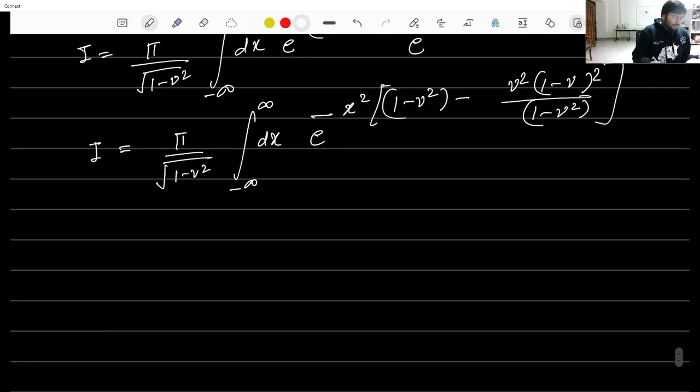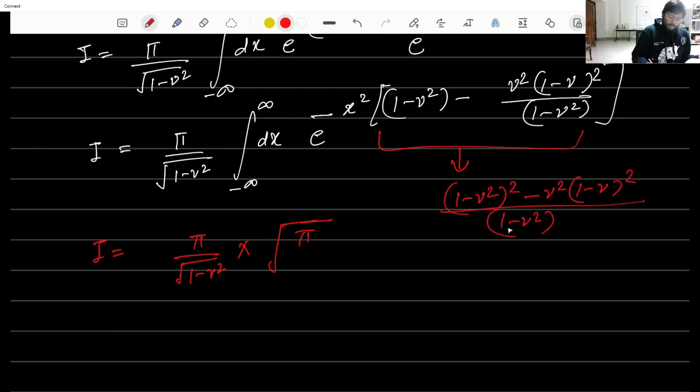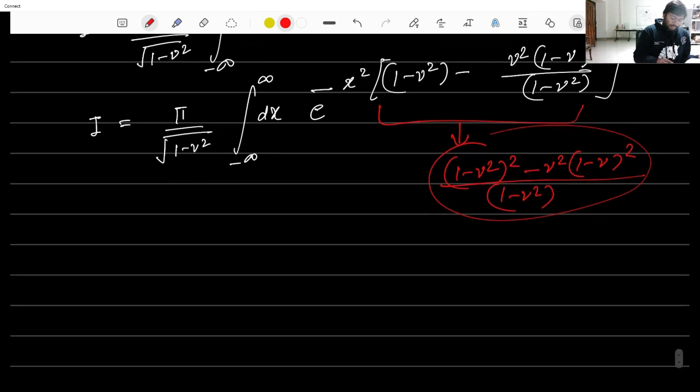Fine. So again you use this kind of formula, e to the power minus ax square integration. So what is the value of this, root pi by a. So you use this formula here and you write the answer like this. So if you want to simplify this, this can be written like this. So here this term becomes a parameter in our Gaussian integral formula. So you put it here, you can write it in a simpler way here.